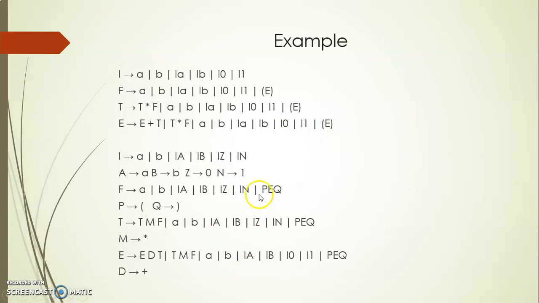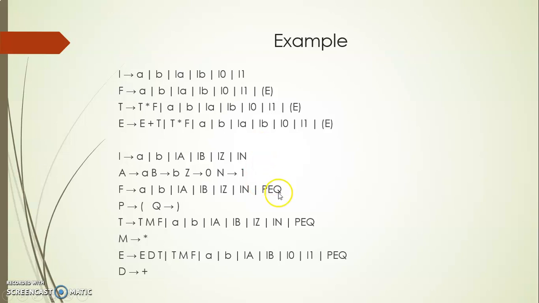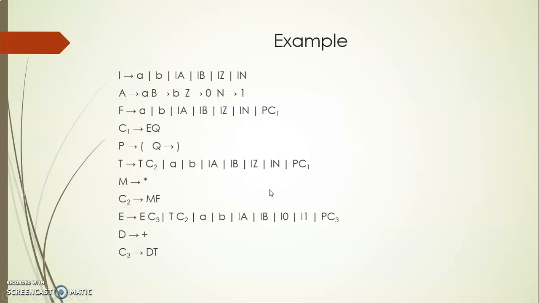So the next step is to reduce this. Similarly here and also here, and the last but one production also, you have to replace all these things, right? In the second step you will be replacing it. It is very simple. You have to replace the last two symbols. For example, here EQ will be replaced by a non-terminal.